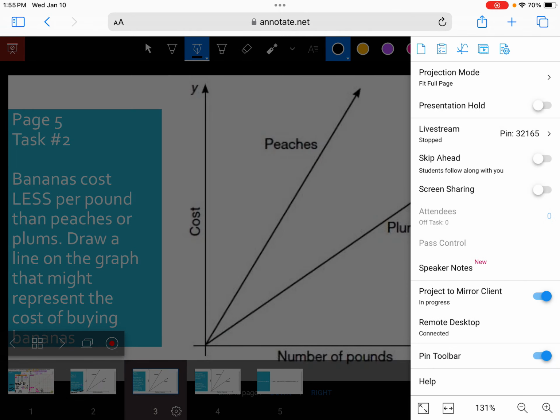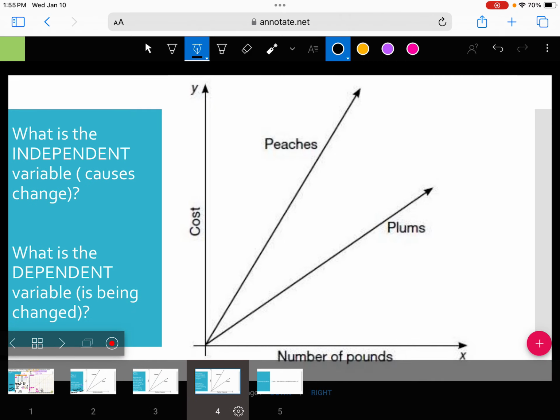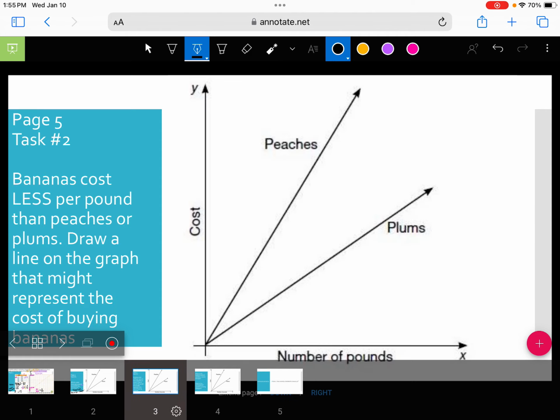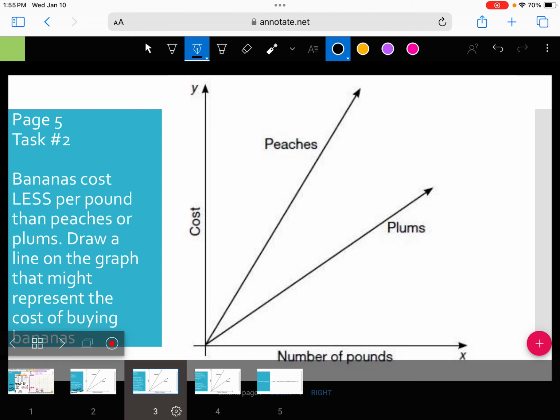Draw on a line that might be for bananas. And you can just draw it onto that same graph that you have there up underneath the peaches and plums.